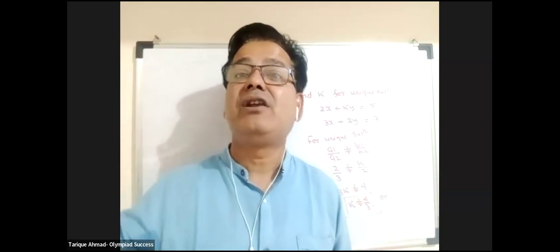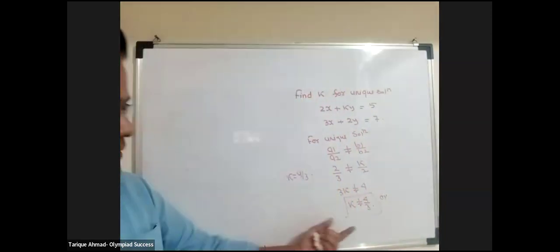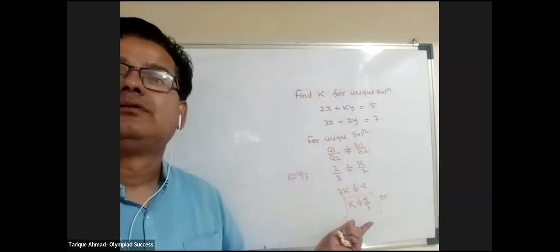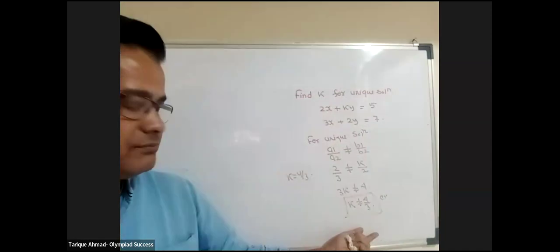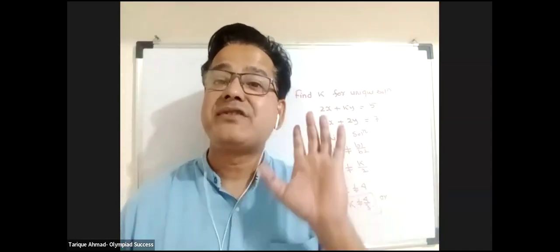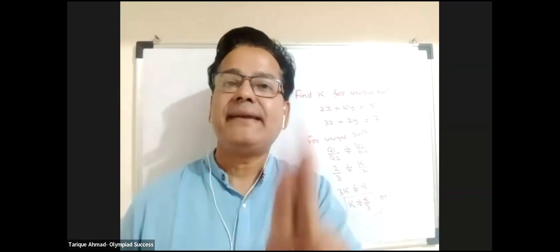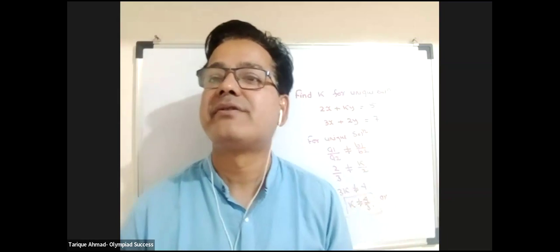In class 8, we learned about rational numbers. Rational and irrational together are known as real numbers.